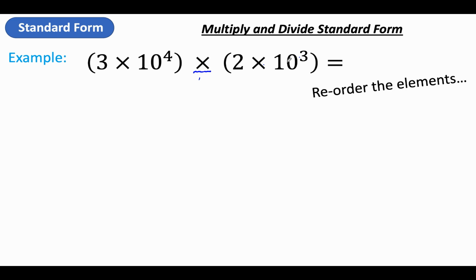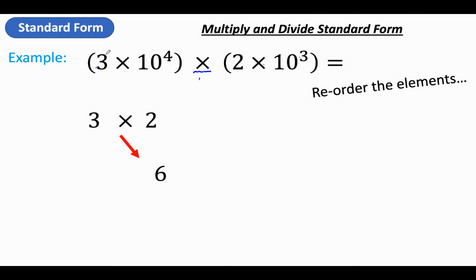And we can reorder the elements, because if you've got things multiplied together, it doesn't matter what order you do it in. You know, 3 times 2 is the same as 2 times 3. So I'm actually going to take the ordinary numbers here, and I'm going to put them together and multiply those together first. Right? So 3 times 2 is 6. All right? So I've dealt with those numbers.